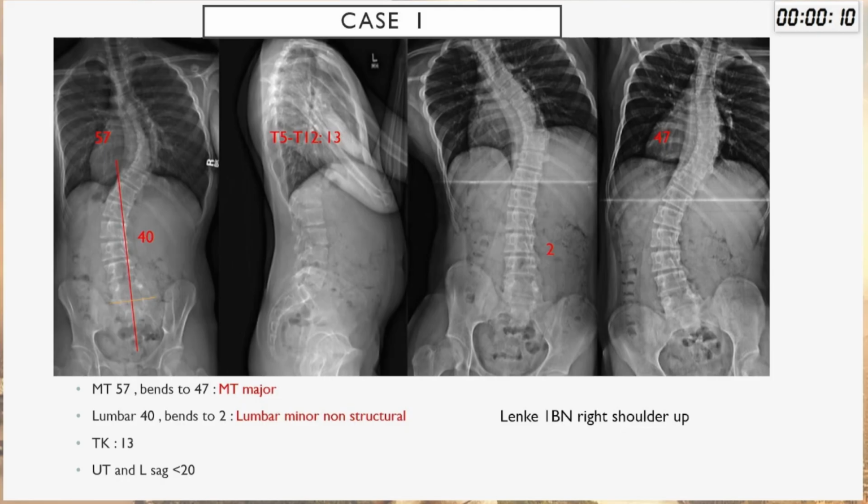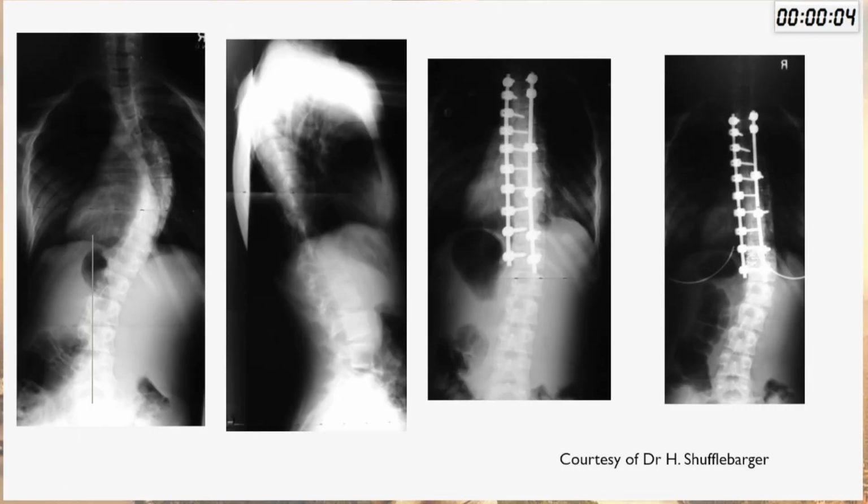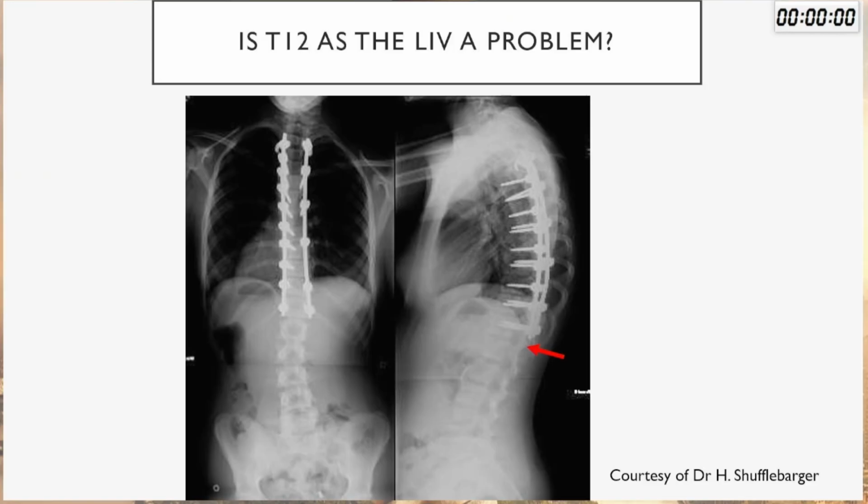So, for the idea of stopping at T12, there's a small note, and I took this from Harry Shufflebarger. Shufflebarger presented on stopping at T12. This is a case from Dr. Shufflebarger, Allah yarham. So is stopping at T12 a problem?